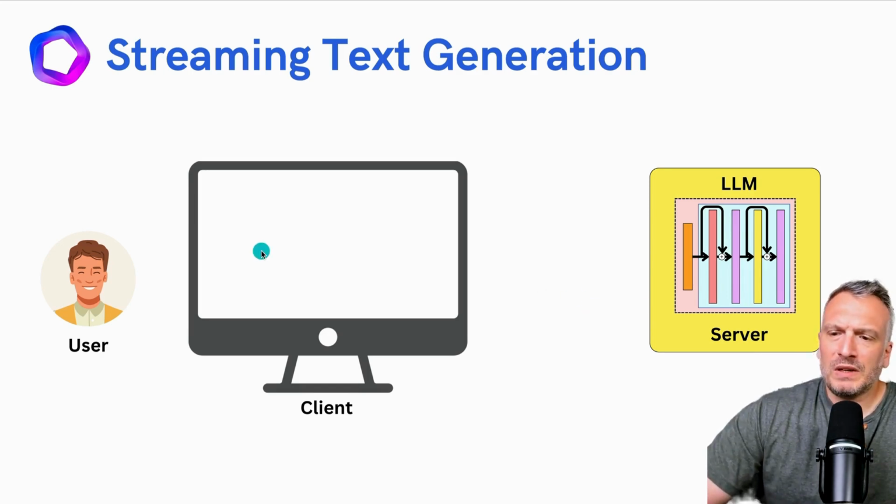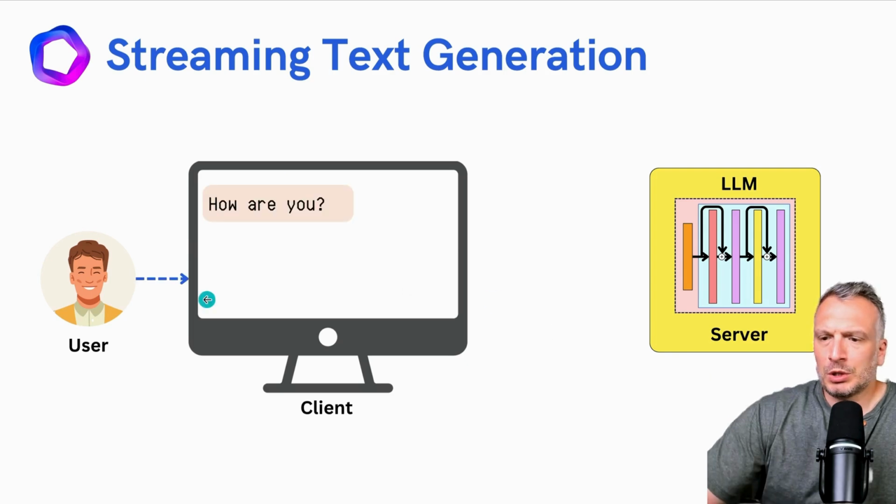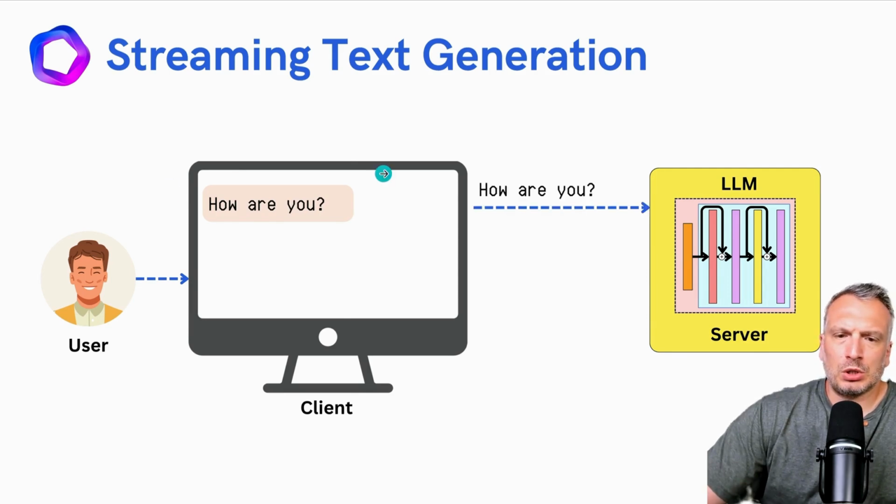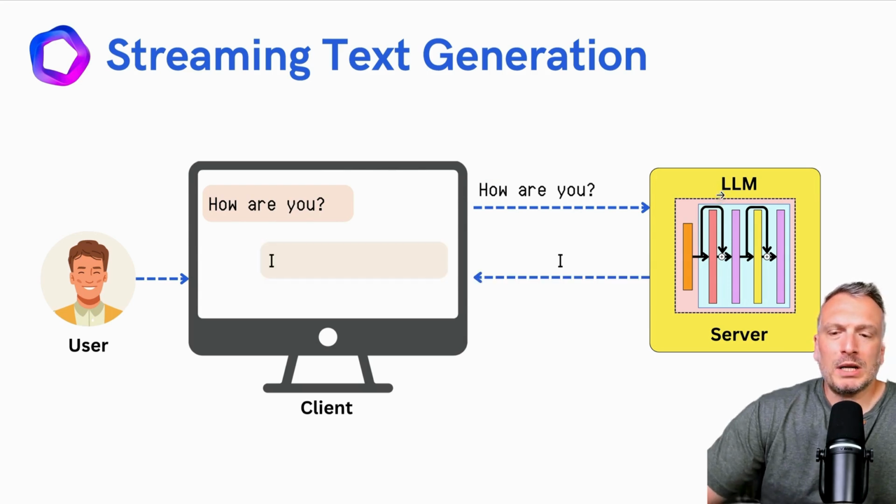So let's imagine that we have a user who is using a client. Here is a browser, and we have the LLM that is deployed on a server. The user is asking a question, "How are you?", and is expecting the LLM to answer back. So the "how are you" request is sent to the LLM, and what you would see are the tokens being generated one after the other on the screen.